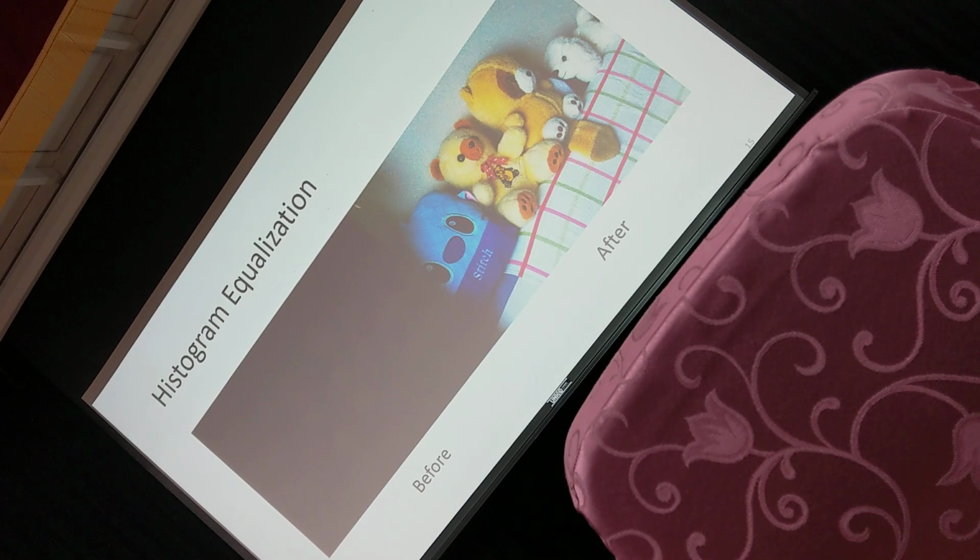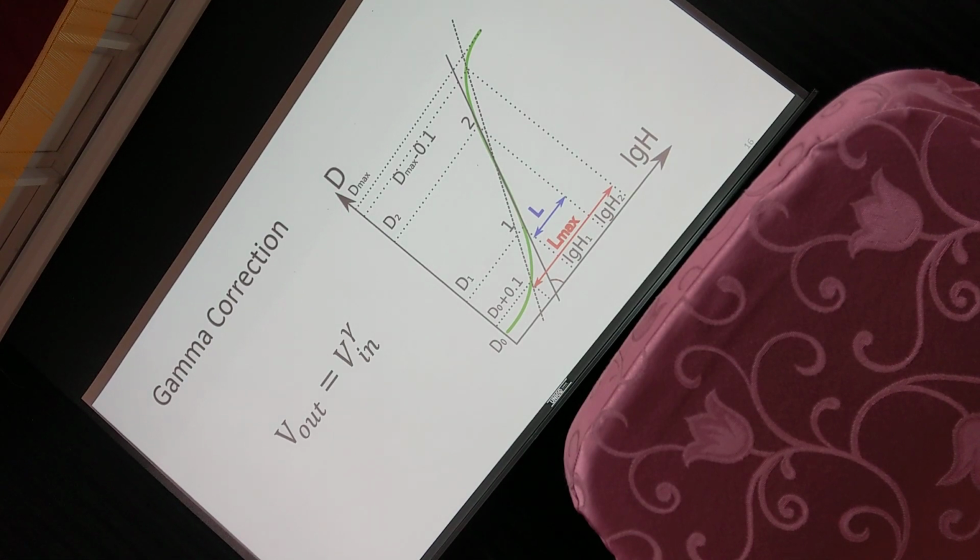But if we apply this method, a lot of noise is amplified, so it feels uncomfortable or unrealistic. So the second one proposed is gamma correction. This method is widely used nowadays in filming and photography, so that you can increase the exposure in the lower region of the image without overexposing the brighter regions.